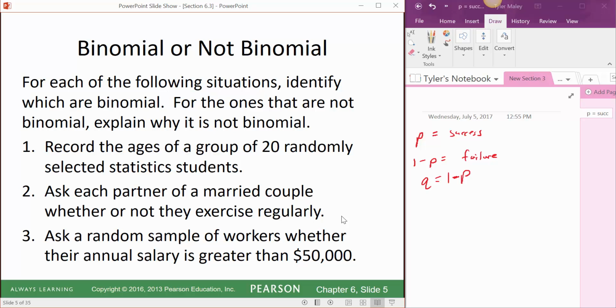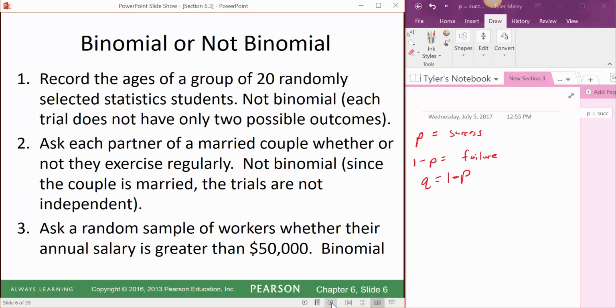So here are some more examples. Looking at these situations and trying to identify whether they are binomial or not binomial, you'd want to go through that checklist to make sure everything is satisfied. If we go to the next slide, we actually have the examples, and whether each is binomial or not.